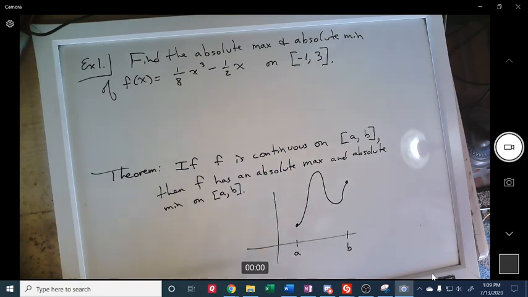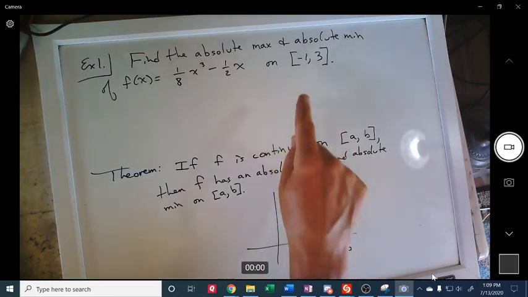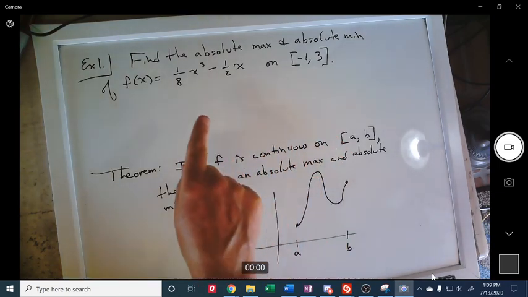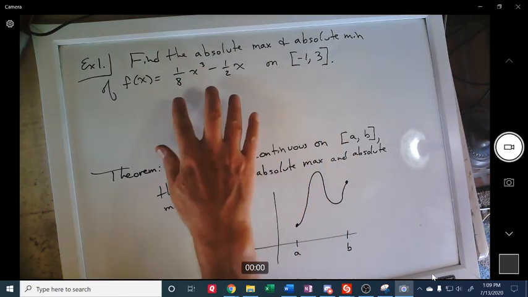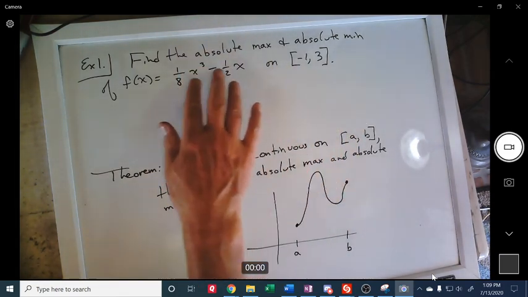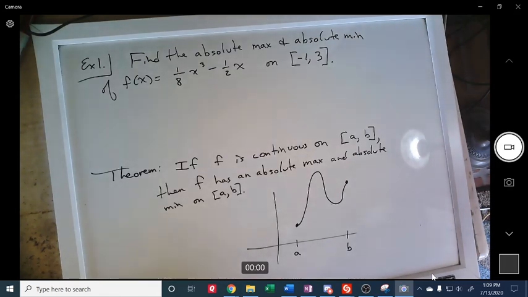On open intervals, like if this did not include the left endpoint A, we'd say we don't have a lowest point on this curve. But on closed, we absolutely have to. All right, so we're guaranteed that there's an absolute max and an absolute min in any closed interval, and now it asks you to find it.